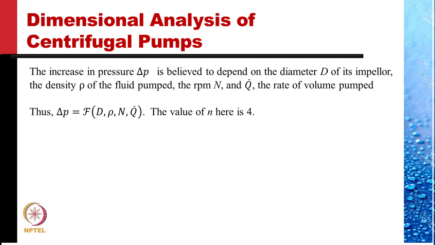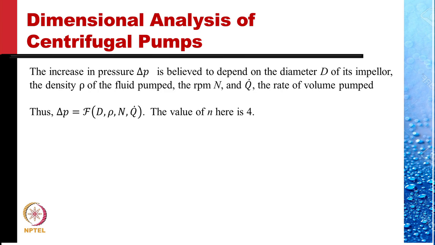Let's do another example where the power of dimensional analysis is beautifully on display. The increase in pressure delta P in a centrifugal pump is believed to depend upon the diameter D of its impeller, the density rho of the fluid pumped, the RPM n at which the impeller is rotating, and on Q dot, the rate of the volume of the liquid being pumped.